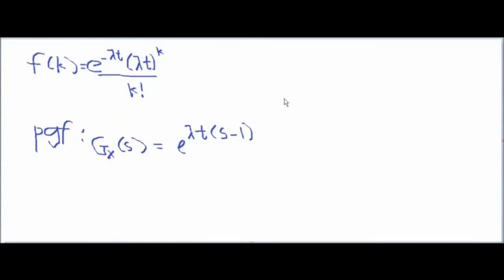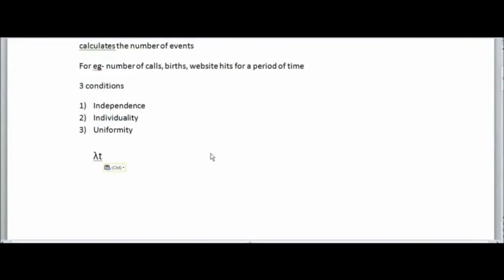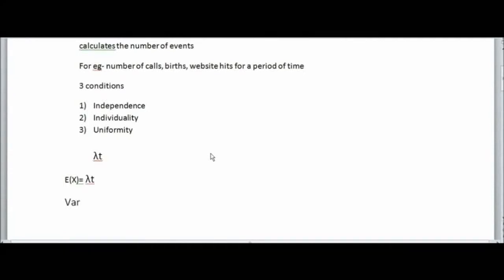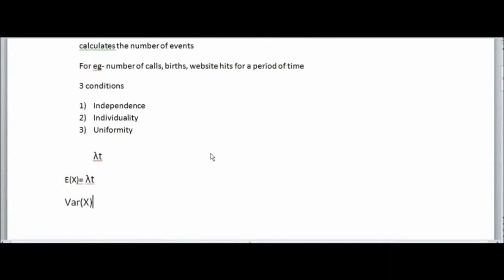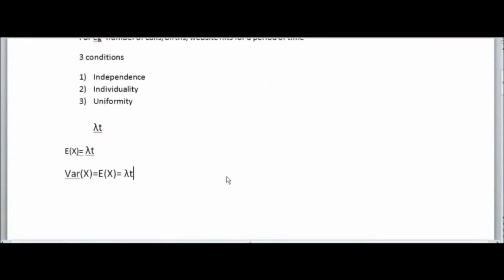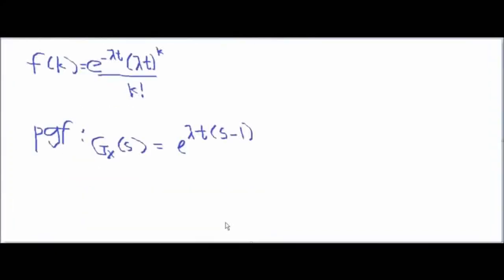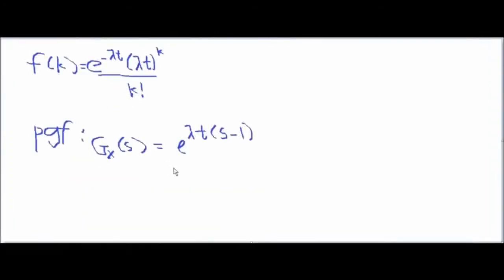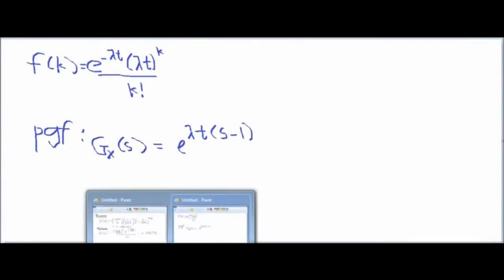If X is a random variable with Poisson distribution, then the mean or expectation of X is lambda t. For the Poisson distribution, the variance of X is the same as the expectation of X, which is lambda t. The PGF, or probability generating function, of a Poisson distribution is e to the lambda t times s minus 1.